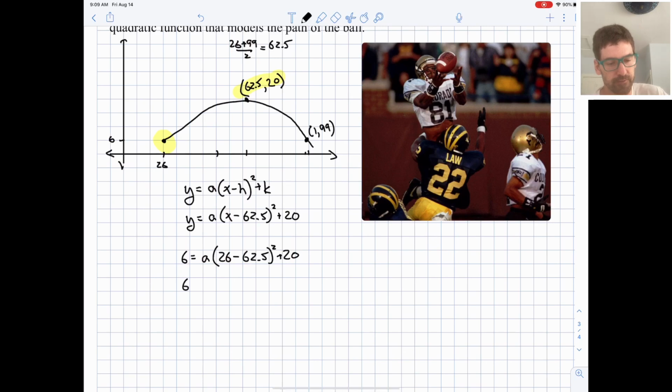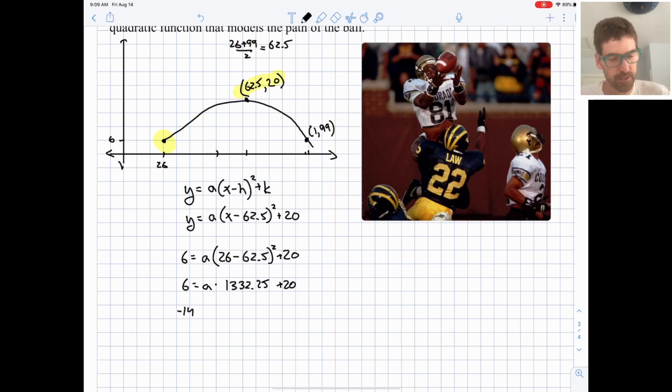So let's do some simplifying. 26 minus 62.5, and then squared. So a times 1332.25. And then plus 20. So now our goal is to solve for a. Okay, subtract 20 from both sides.